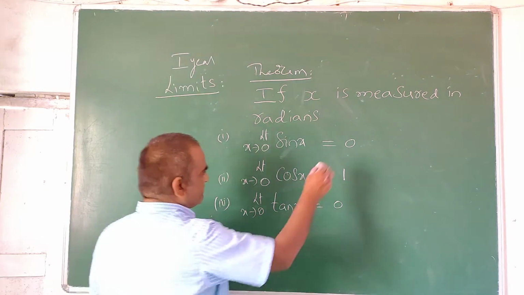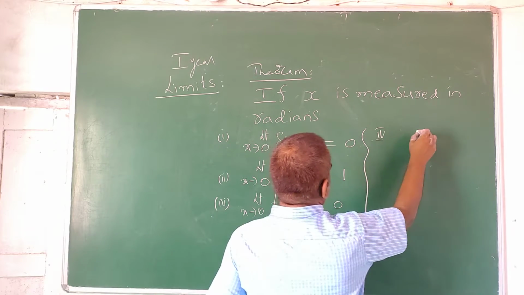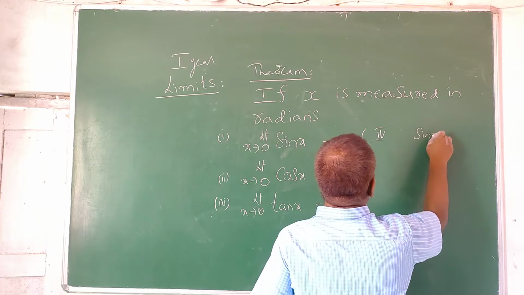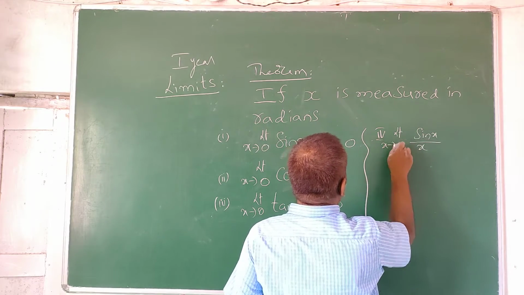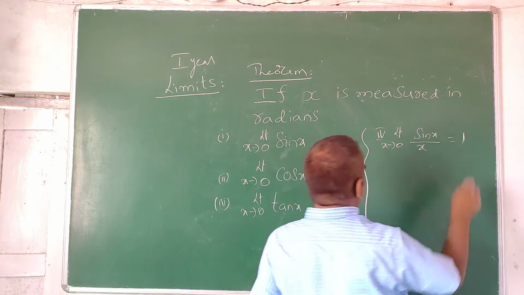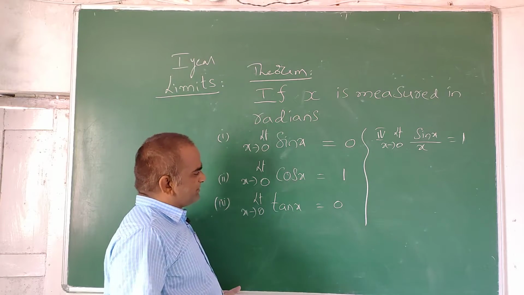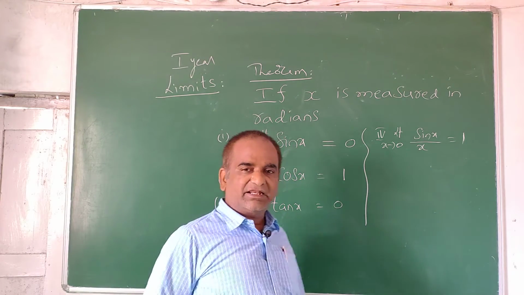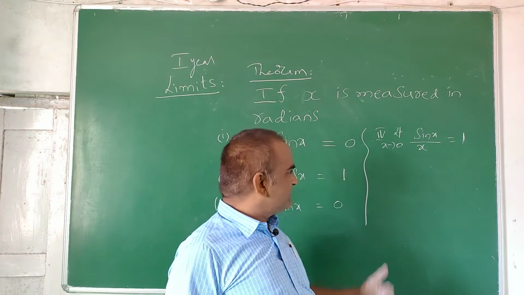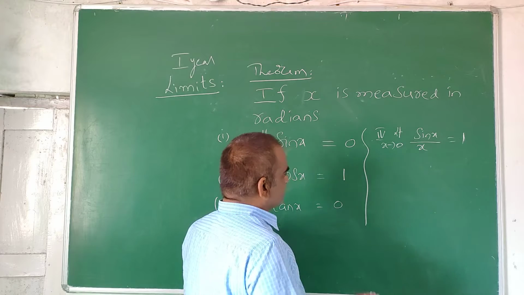Number 4, limit x tends to 0 of sin x by x is 1. Please, all these results we use in solving problems, so every student's responsibility is to remember these. Anyhow, you are not proving them, at least remember those results.